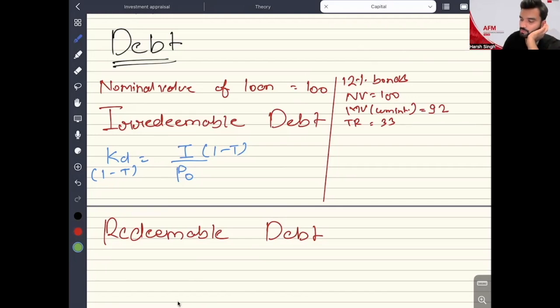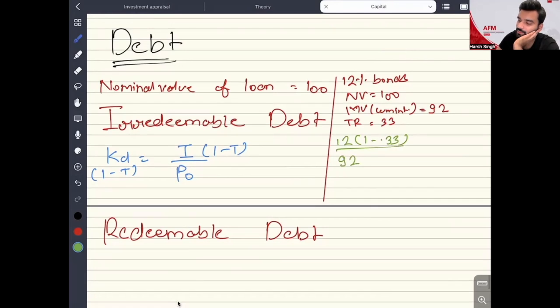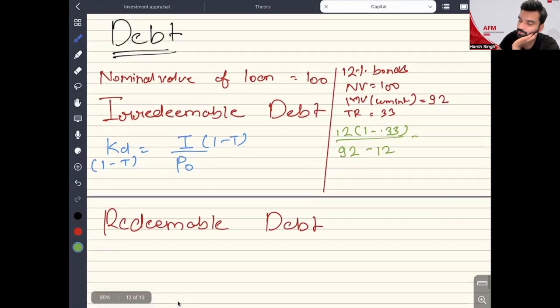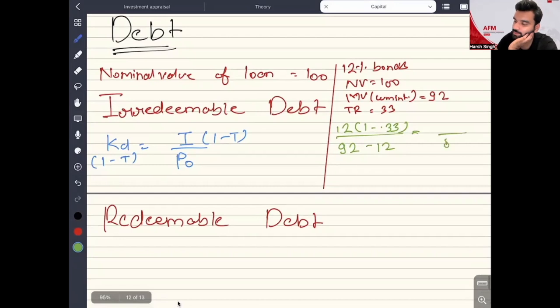Okay. So now, first of all, let's find out Kd. Interest is 12%, so 12% times (1 minus tax), 1 minus 0.33, upon the share price, which is 92, the market value, minus the interest, 12. So 92 minus 12 gives 80 below.